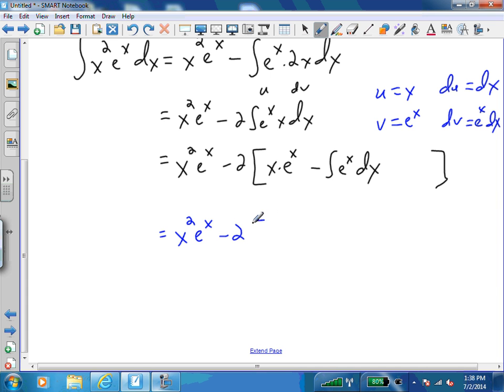So I'm going to leave the minus 2 out front for now. And what is that integral? What does that give us? E to the x. We can get rid of our bracket by distributing that negative 2.